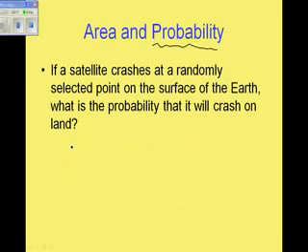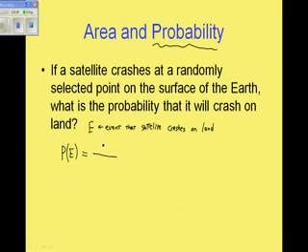So, in order to compute this, the probability of some event, let me make E be the event that the satellite crashes on land. Well, what I need to do, remember from Chapter 4, is I'm going to have a fraction.